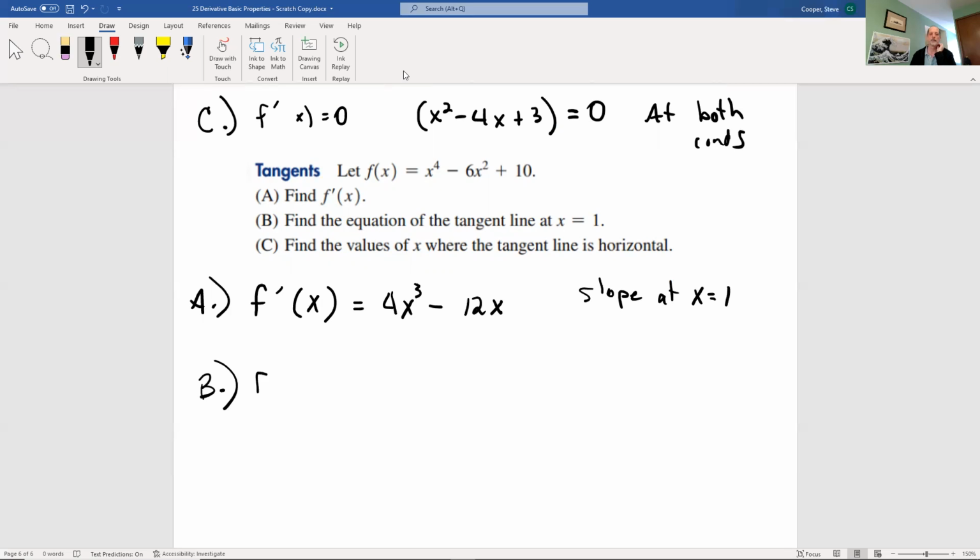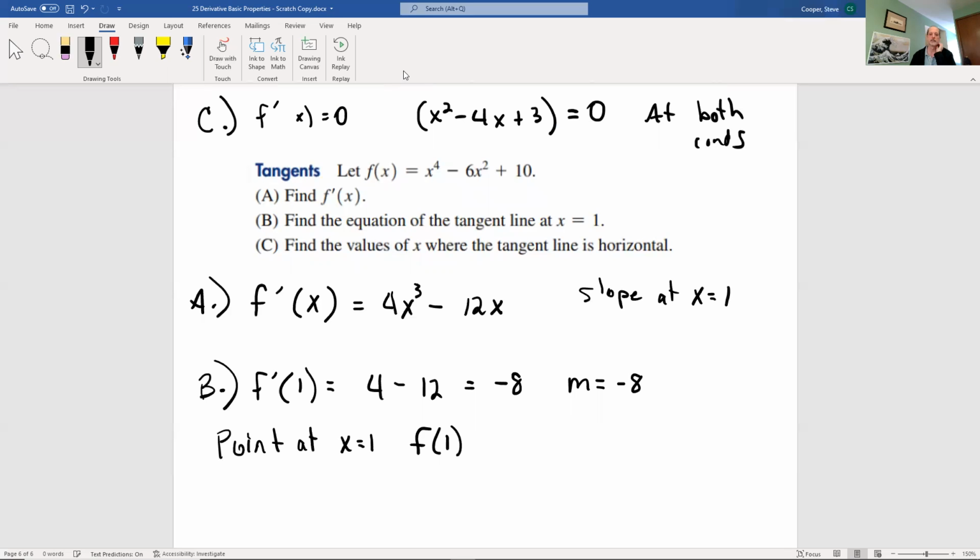So let's get the slope at x equals 1. Okay, so m equals -8, but I also need a point on the line. And that's just f of 1.